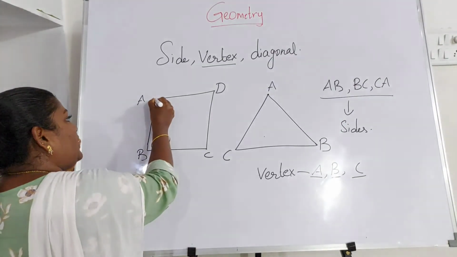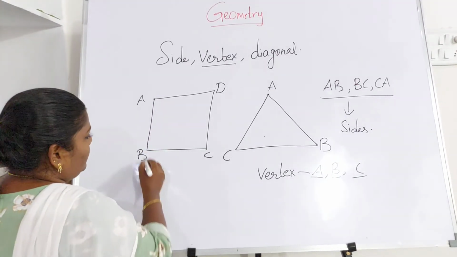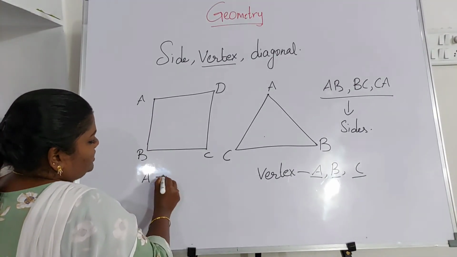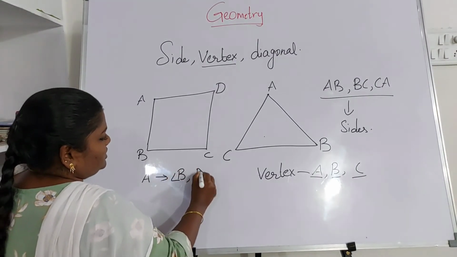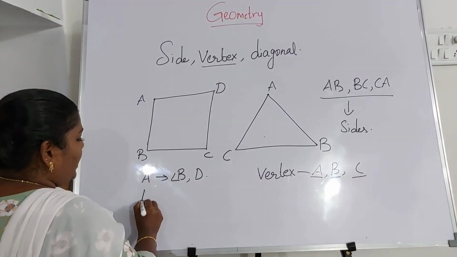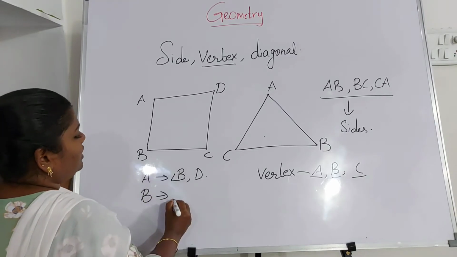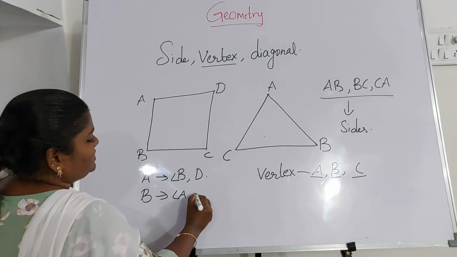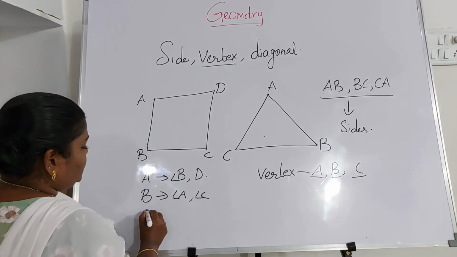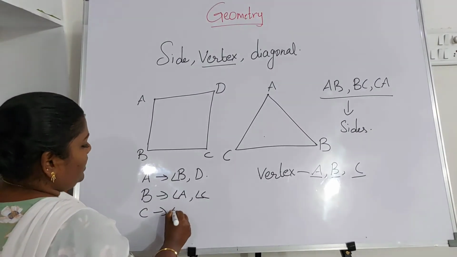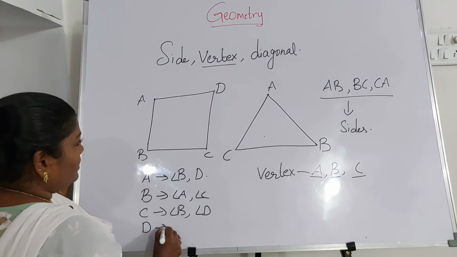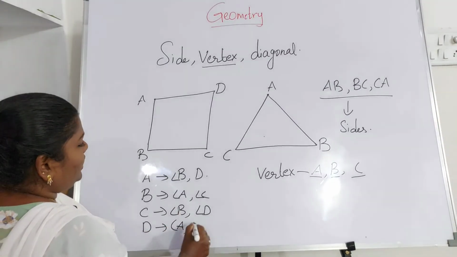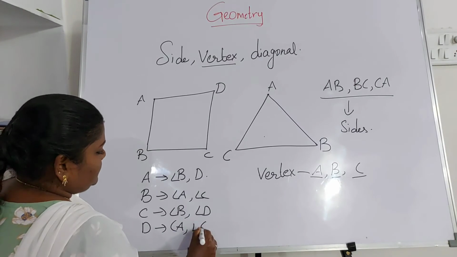A's adjacent angles are angle B and angle D. For angle B, adjacent angles are angle A and angle C. For C, adjacent angles are angle B and angle D. Next for D, angle A and angle C.